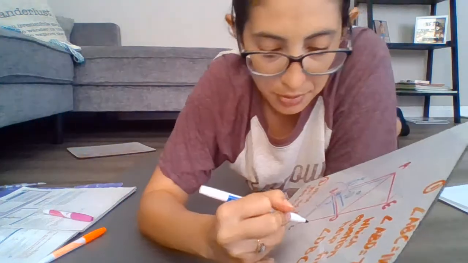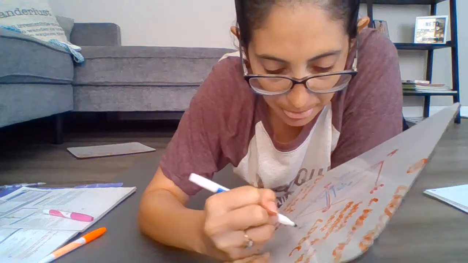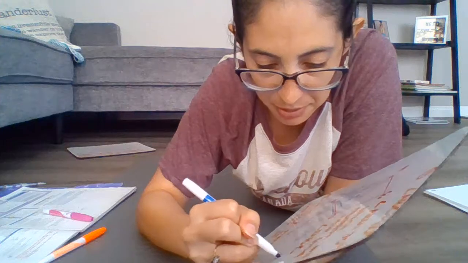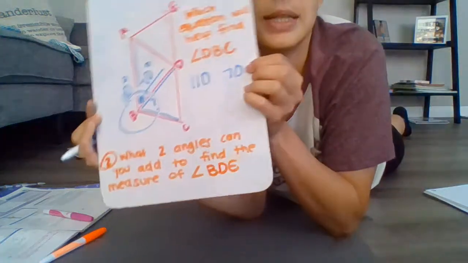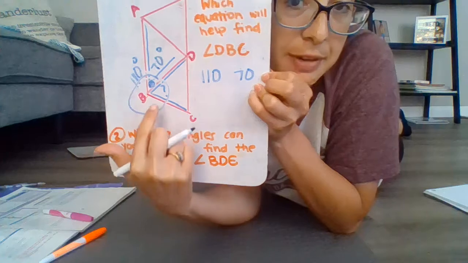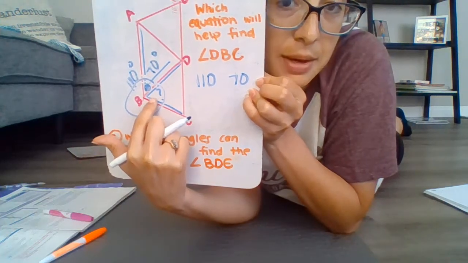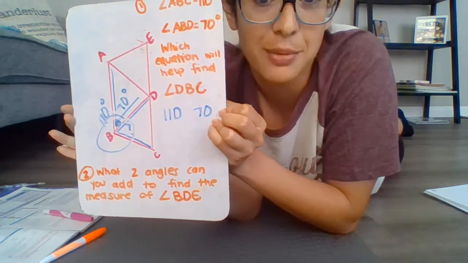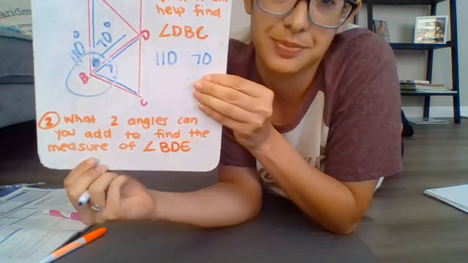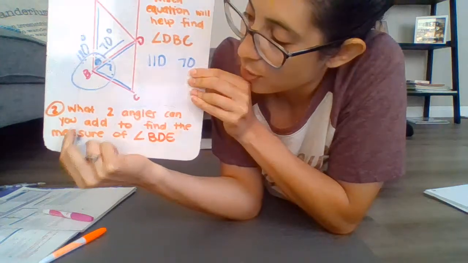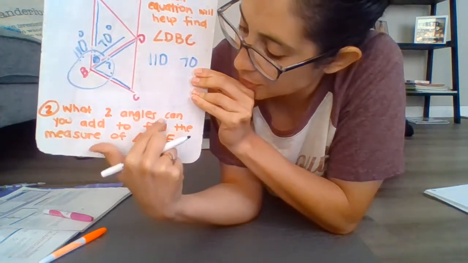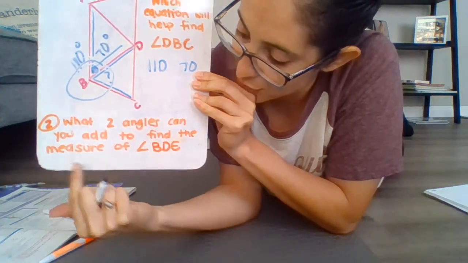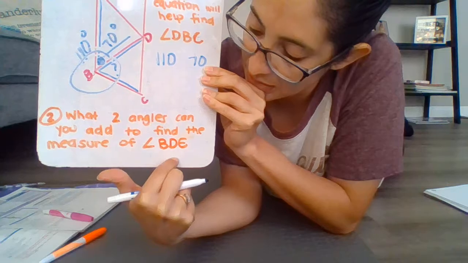So I know that my whole is 110, and I know that one of my parts is 70. How do I find this missing part? That's all I'm doing for you. You can figure out the rest. Okay. Now, the next question asks, what two angles can you add to find the measure of BDE?